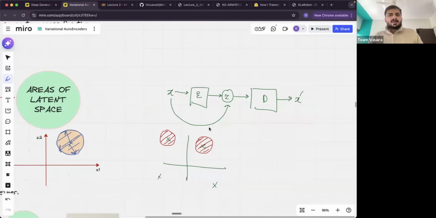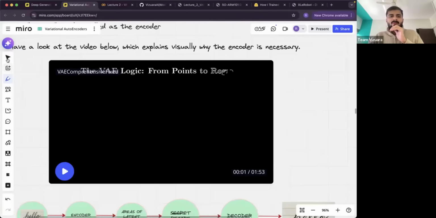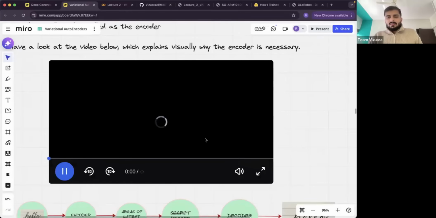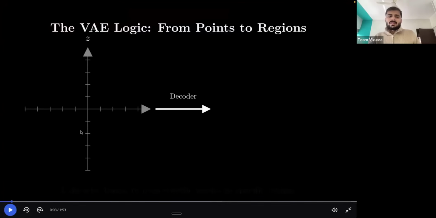Now, some of you might be wondering, why do we even need this distribution in the first place? Why can't we just map images to points and be done with it? There is a very nice explanation for this, which I want to explain using this visualization. So please pay close attention to this. I will not explain this as it goes along, but I'll ask you a question at the end.